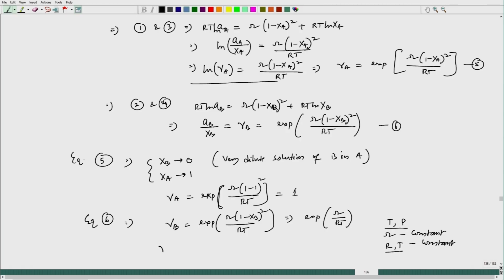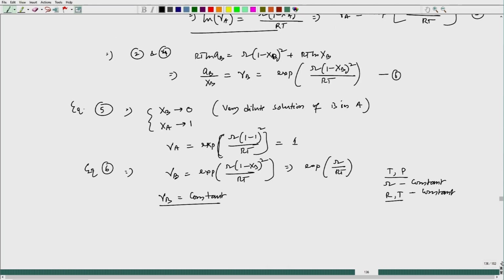So, that means γB is a constant term. So, I can write AB divided by XB equal to γB, which is a constant. Then it becomes AB equals γB XB. This is nothing but Henry's law.